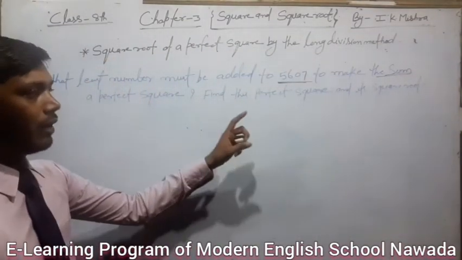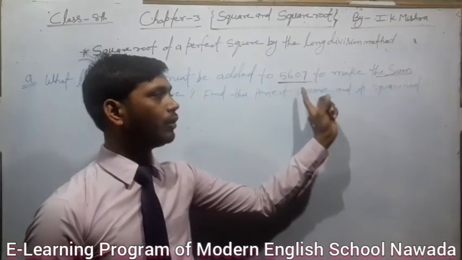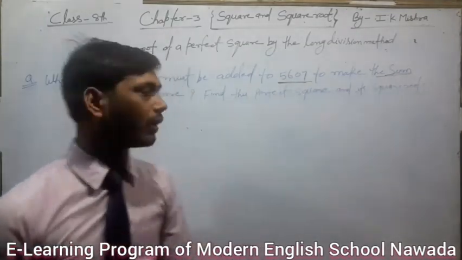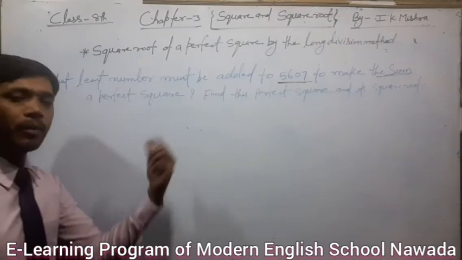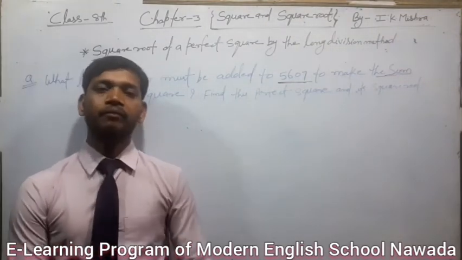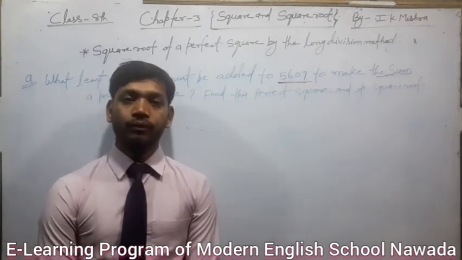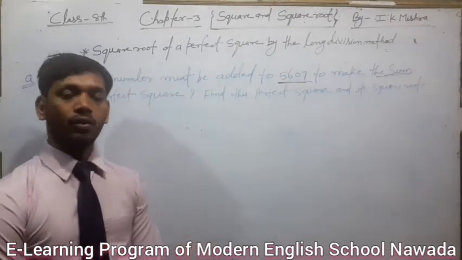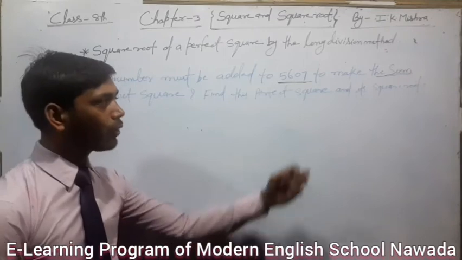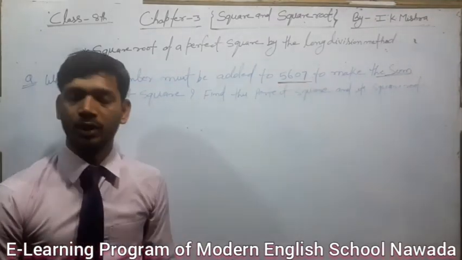When a required number is added to this number to get a perfect square number, this type of question is also done by finding the square by division method. So now try to find the square root of this number by long division method.